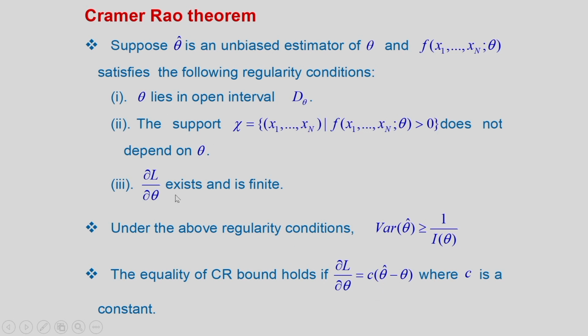So, these regularity conditions are fairly general, it is not very restrictive, and under these regularity conditions, Cramer-Rao theorem is variance of theta hat is greater than or equal to 1 by I theta. The equality holds when the partial derivative of log likelihood function can be written in this form, C into theta hat minus theta.